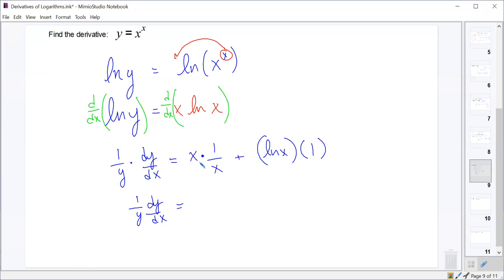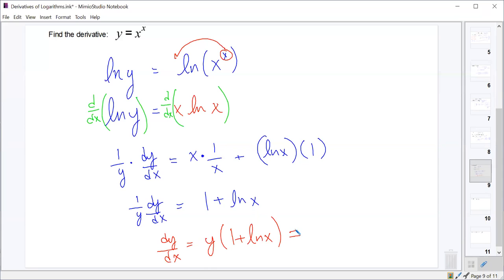is equal to, well, x over x is just 1, right? So 1 plus natural log of x. And we're looking for the derivative. Well, what's the derivative? The derivative is dy dx, right? So we want to solve for dy dx, giving us y times 1 plus ln x. And that's almost good enough, but the problem is that when we start with a function that's all in terms of x, we don't want to end up with any y terms in it, if we can help it. So what can I do with that y term?